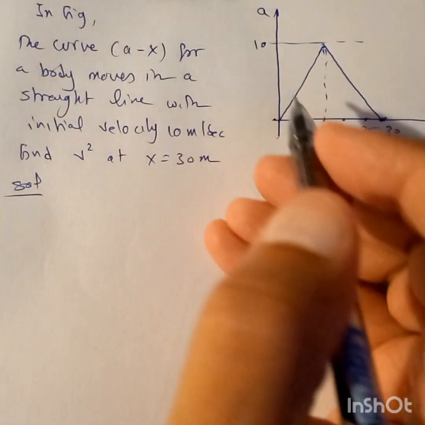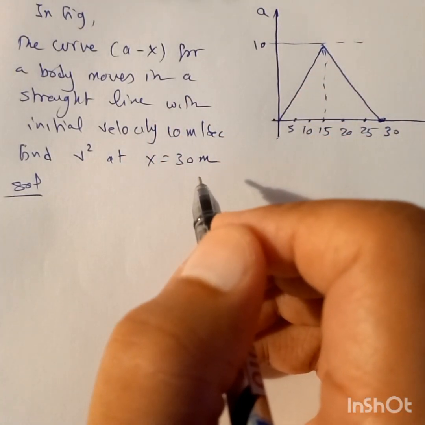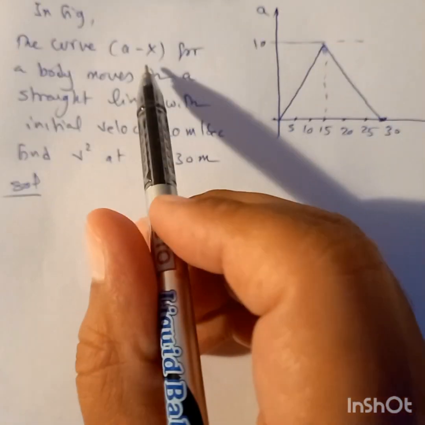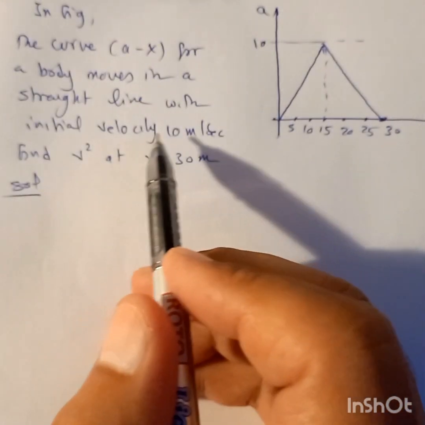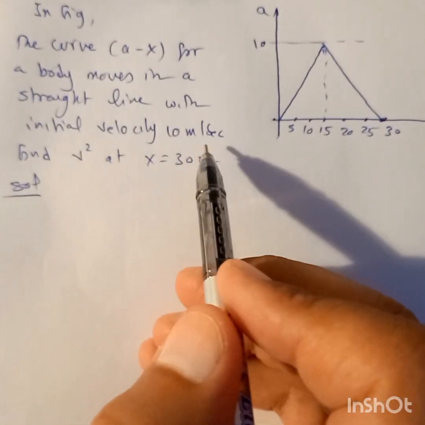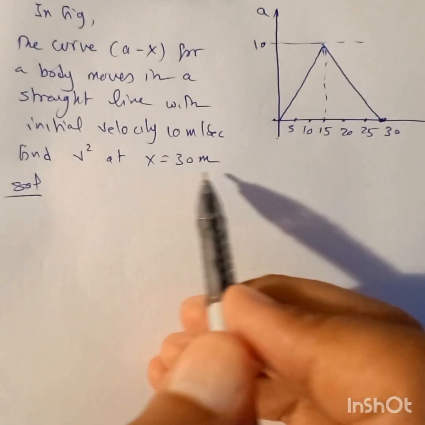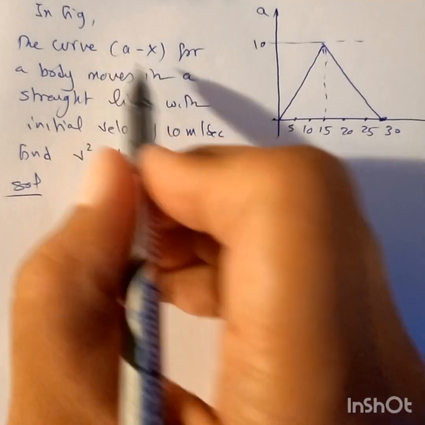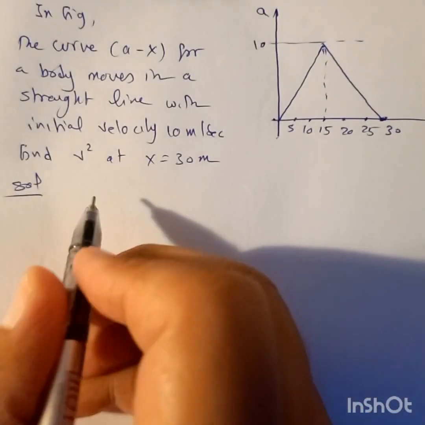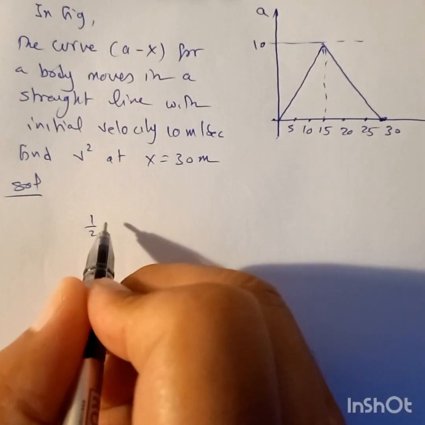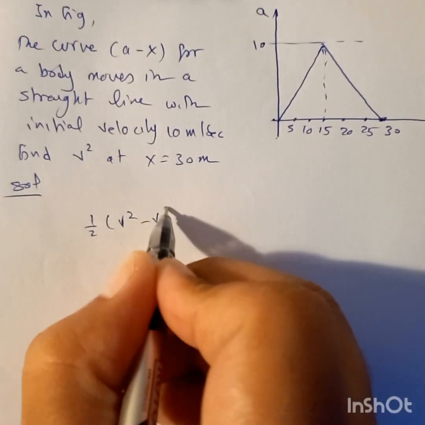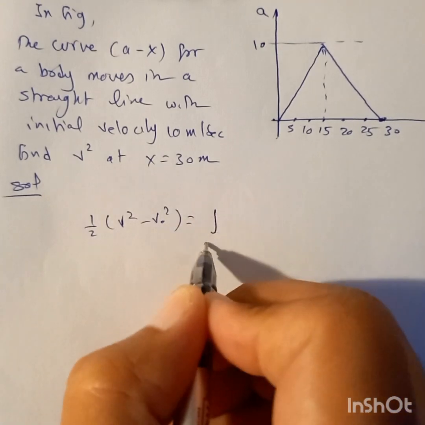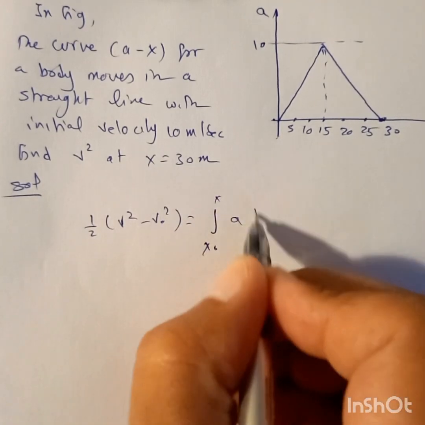We have another example. In the figure, the curve of acceleration against displacement for a body that moves in a straight line with initial velocity 10 meters per second. Find v square at x equals 30 meters. Here we have a relation between a and x. Then we can use this formula, half v square minus v naught square equals integration from x naught to x of a dx.